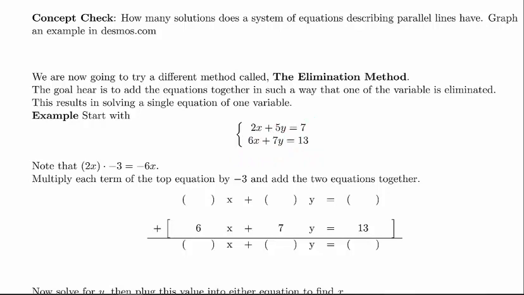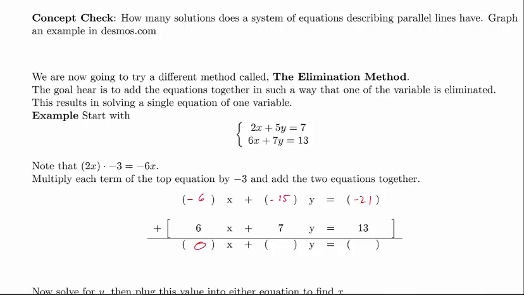So first thing we do is we multiply equation 1 by -3, and we get -6x, -15y, and over here we have -21. Okay, so now we add everything together term by term.